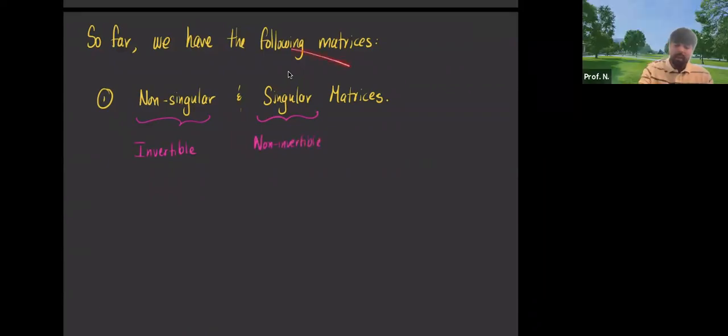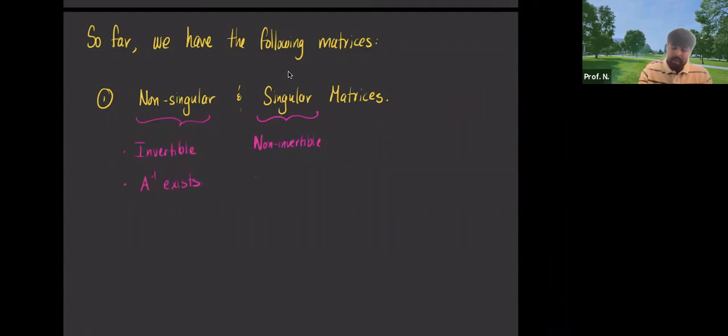So we've been in this realm a lot. In particular, we've been exclusively talking about matrices whose inverse exists, A inverse exists. These matrices are very, very special. They're the ones that we care about a lot.